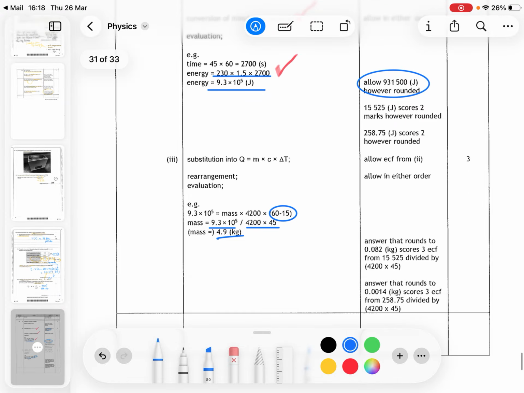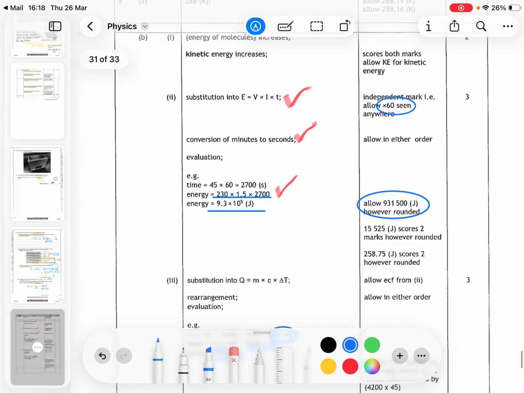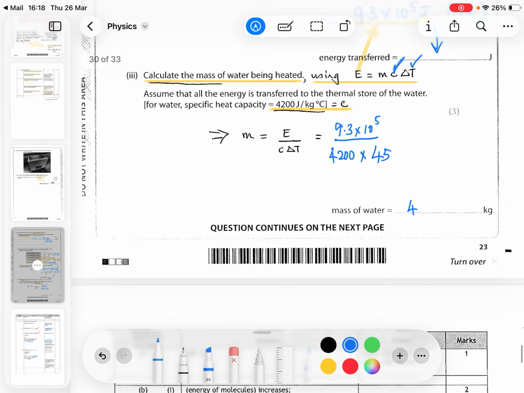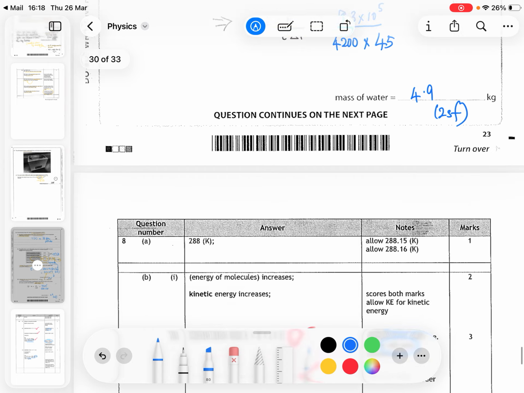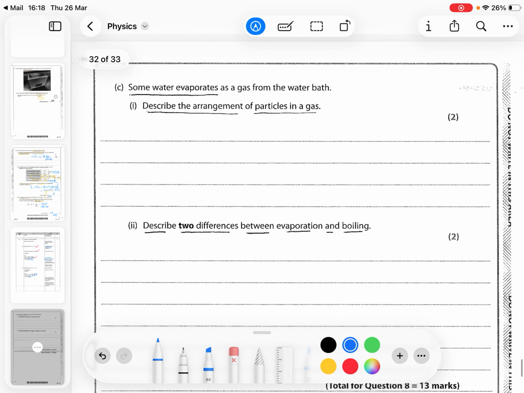Okay? So try to stick to the right number of significant figures. So it equals 4.9 kilograms. And there you have it. Question 8b complete.